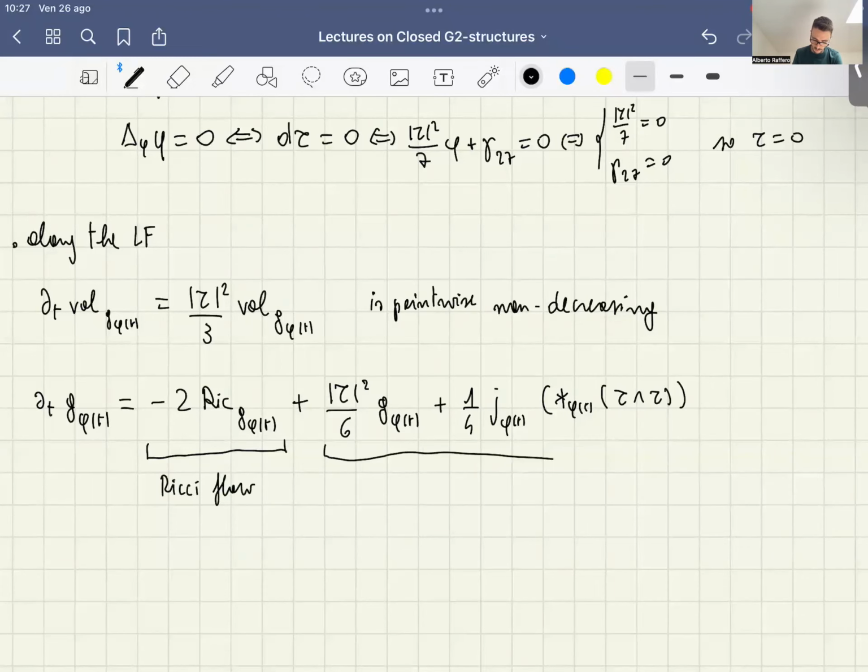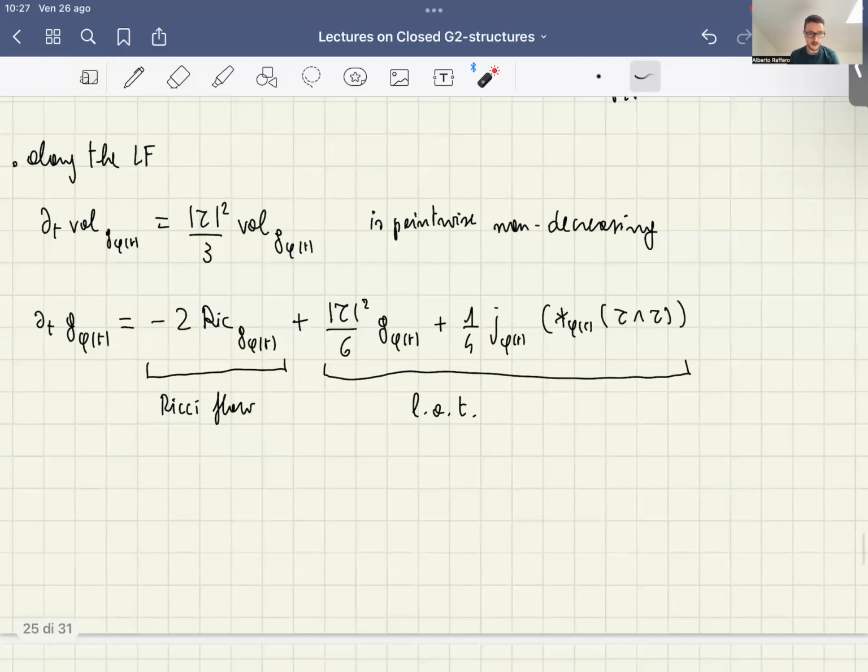And in addition, you have some lower order terms, namely some derivatives that are first or zeroth order in the metric, as this one. So here you have some link also with the Ricci flow equation.